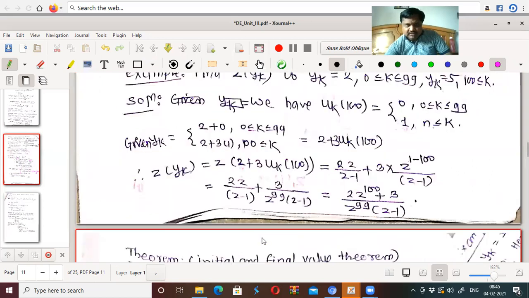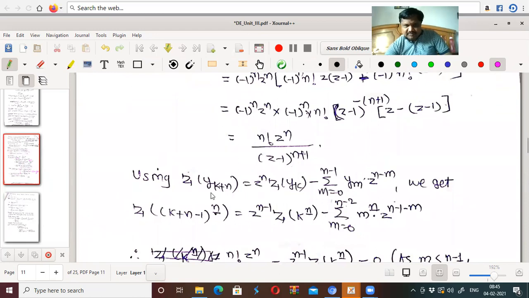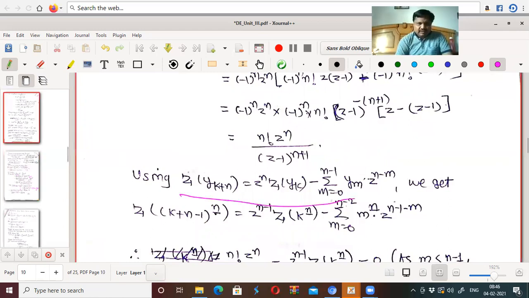I think you found somewhere this: Z transform of yk plus n equal to z raised to n Z of yk minus summation m equal to 0 to n minus 1 ym z raised to n minus m. We have this result. Now, what will be the z of yk plus 1 by taking n equal to 1?